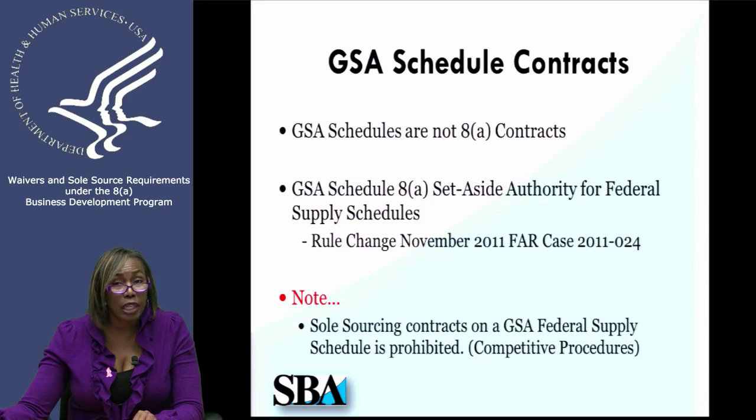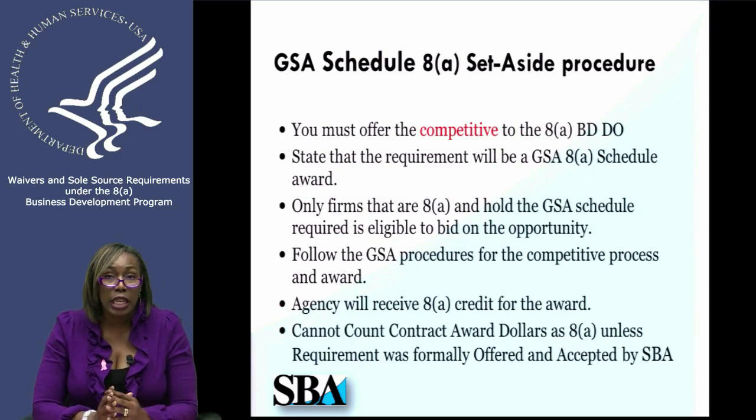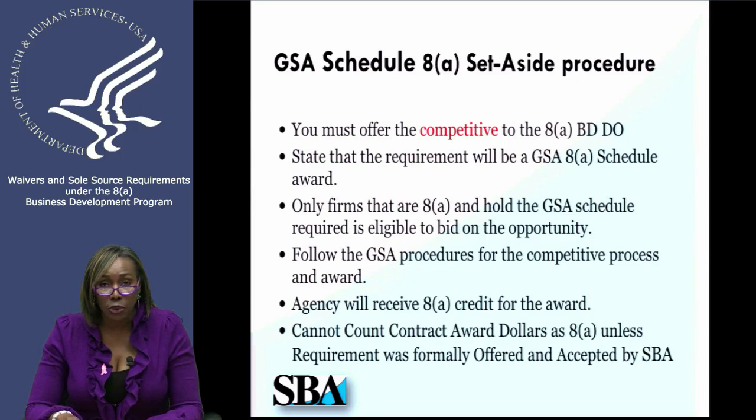It was not competed. You must offer the competitive to the 8(a)/BD program if you want to use a set aside with the GSA schedules, the federal supply schedules. So you must offer the competitive to the 8(a) Business Development Program district office. State in that requirement that you will use GSA schedule awards.